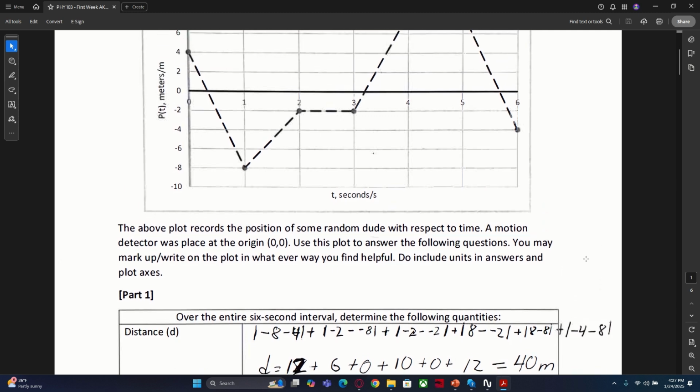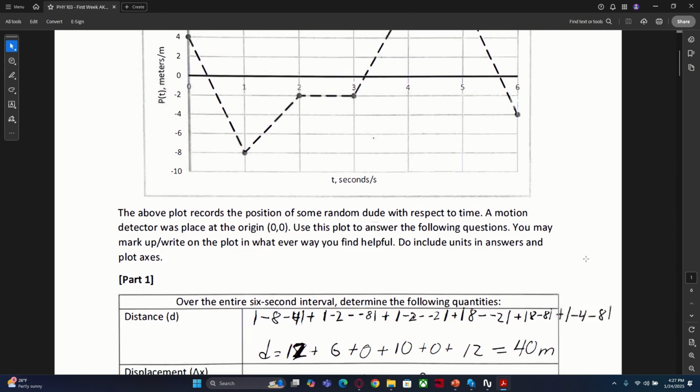In order to calculate total distance, we're going to be summing up all the jumps, whether downward jumps to the next point or upward jumps to the next point. If it ever is negative, we'll take the absolute value. So for the first line segment, we are ending at the -8 mark, and we subtract that by the 4 mark.